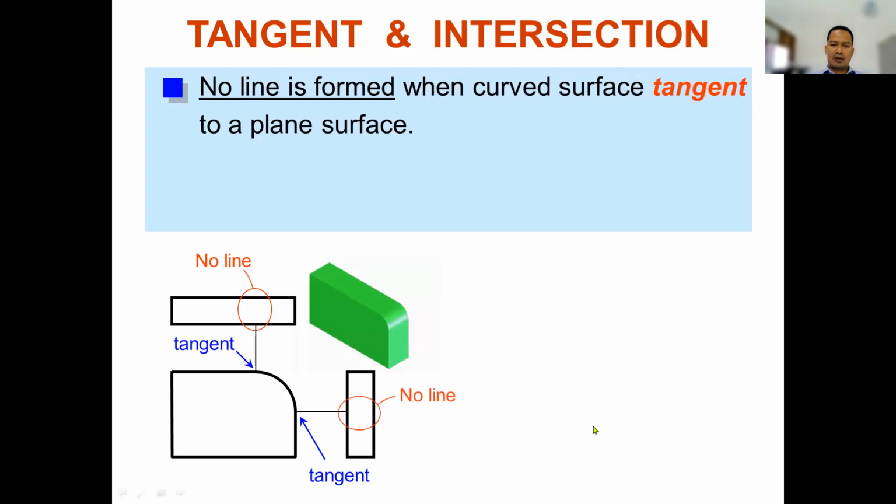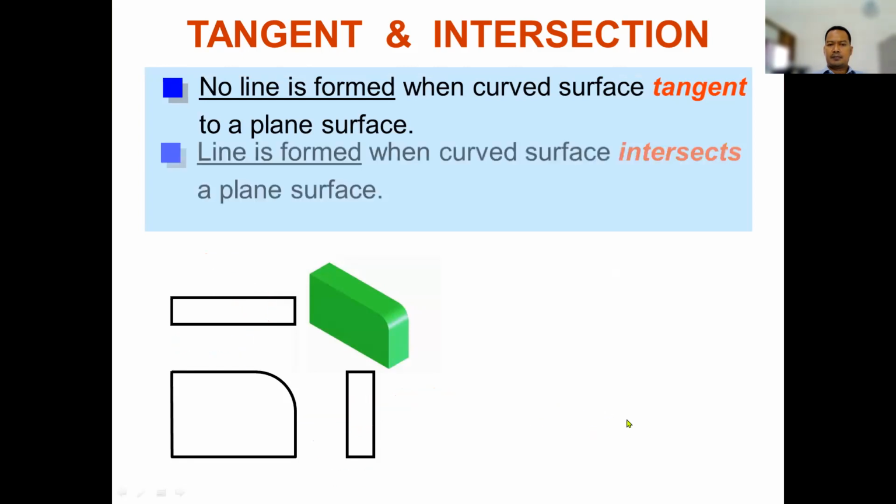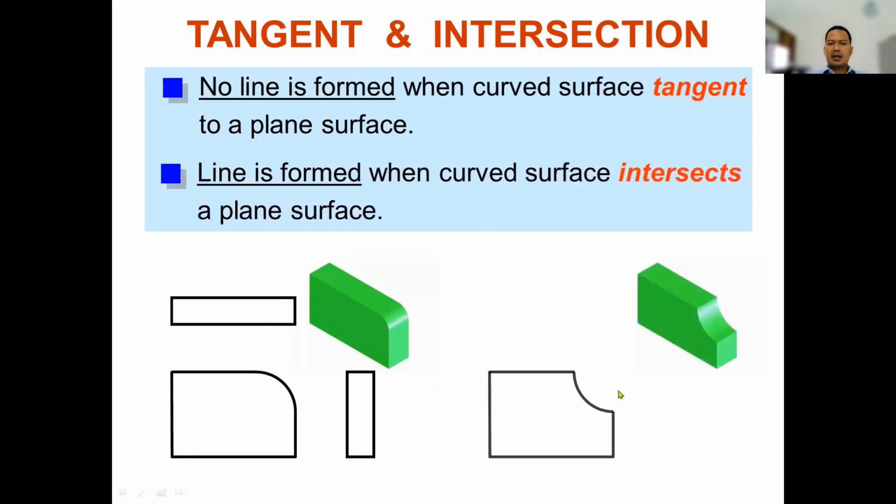So no line is formed because this is the tangent line. Line is formed when a curved surface intersects a plane surface. For example, you have a curve here that intersects with another line. So you have to create a line in here because this is not a tangent line.